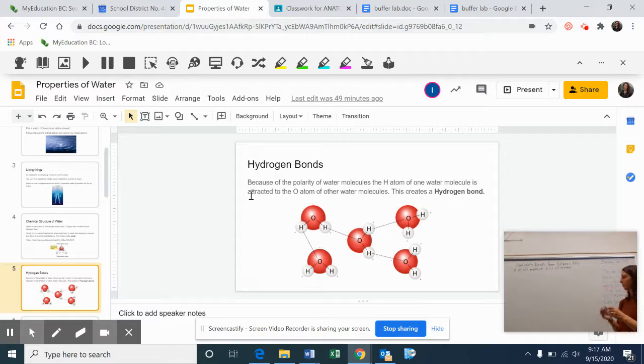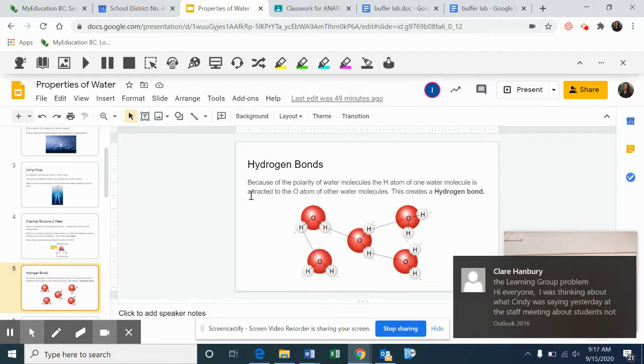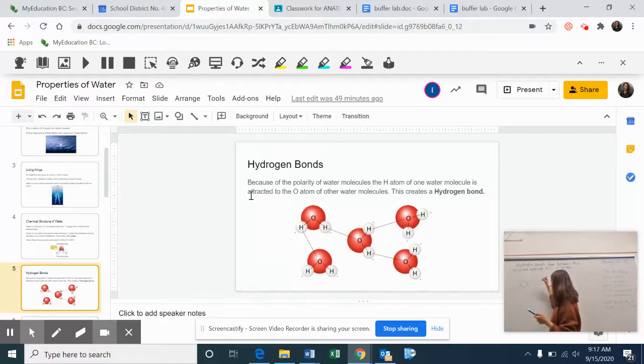So what that ends up looking like, and maybe I'll just draw these in different colors, is you've got your oxygen and you've got your hydrogens. And you've got your oxygen, hydrogens. Let's draw a few of these.